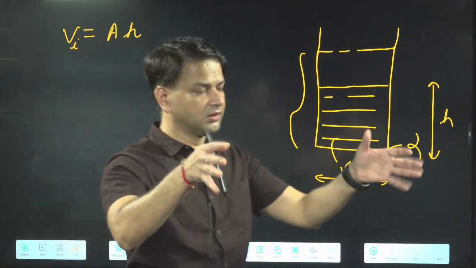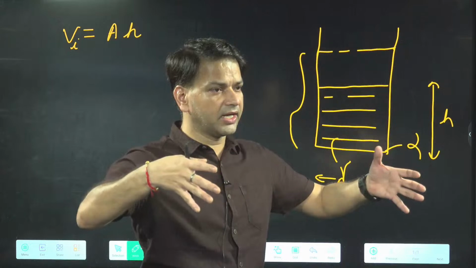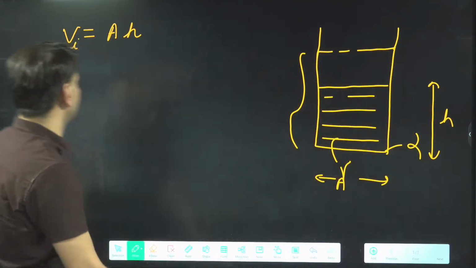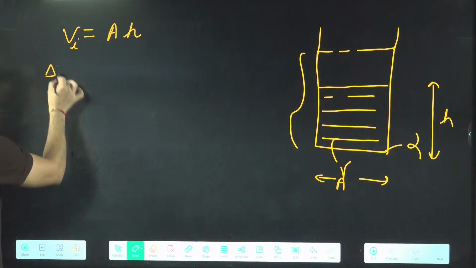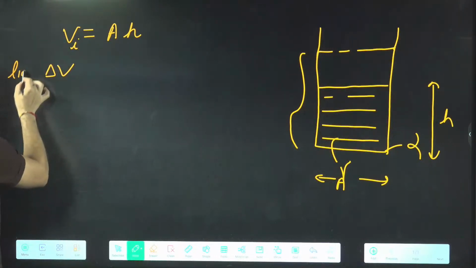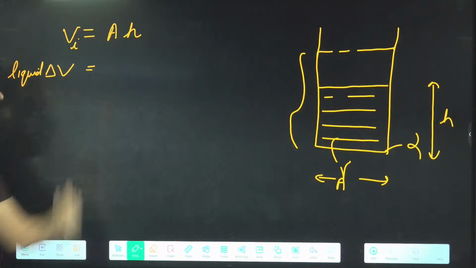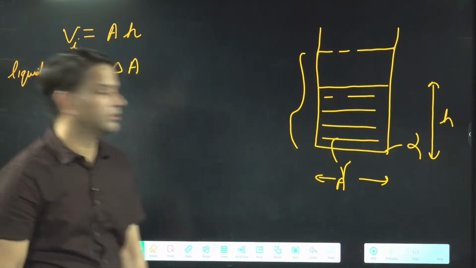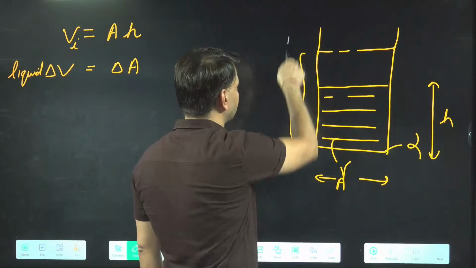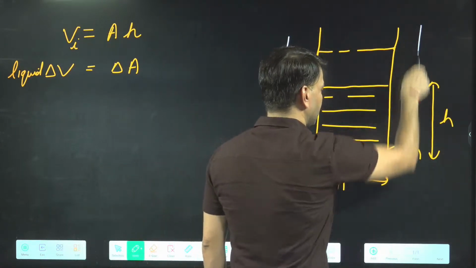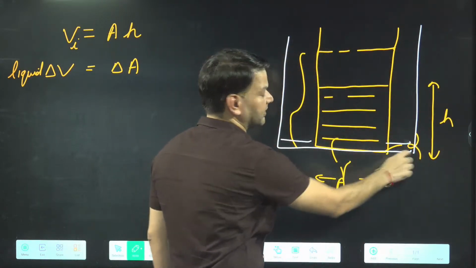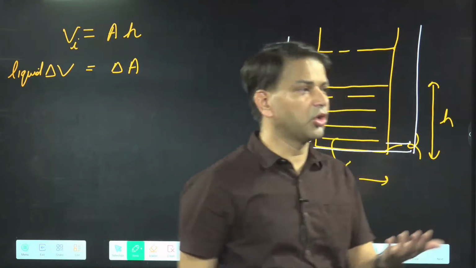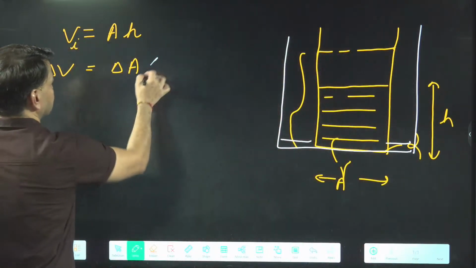The container will expand, so the area of the container will increase, but the height of the liquid column will remain the same. So I can say the delta V of the liquid is equal to the change in the area of the container. Suppose the container expands like this, so that extra is the change in the area of the container, into the height. The height is not changing, so we take H.